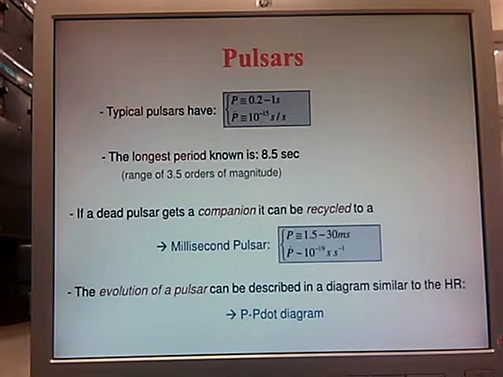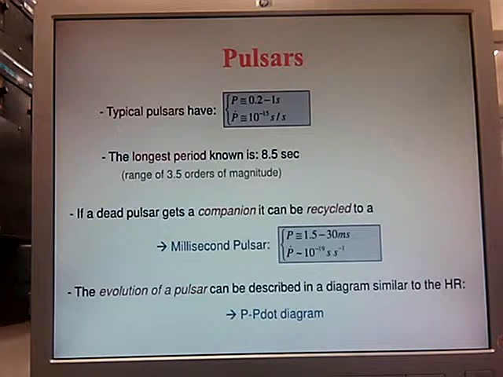It'll puff out, and when it does so, it will overflow its Roche lobe, which is the region that it dominates gravitationally. All that material that overflows the Roche lobe will start to form an accretion disk onto this neutron star that is the dead pulsar.